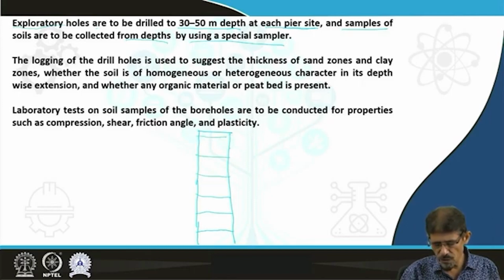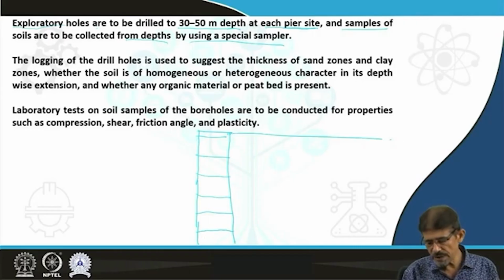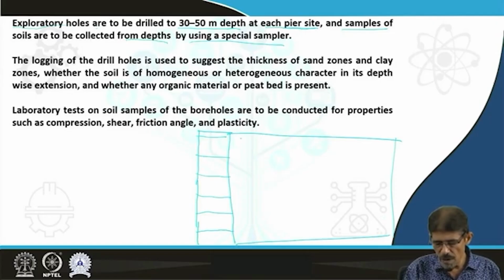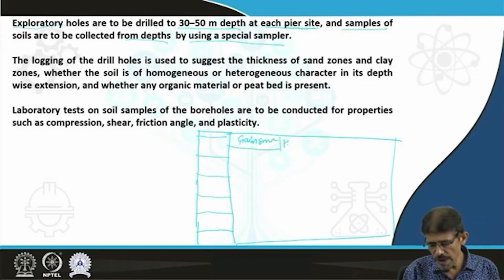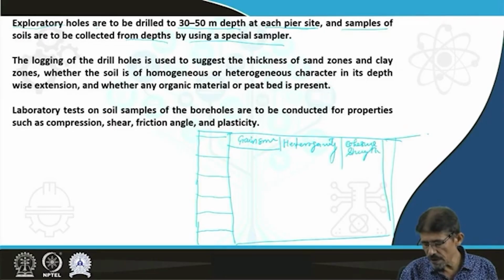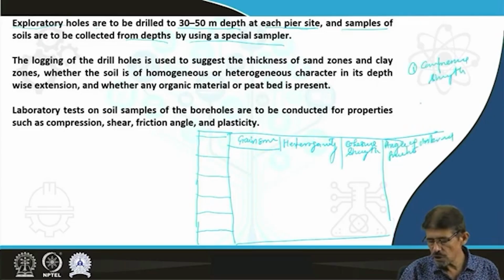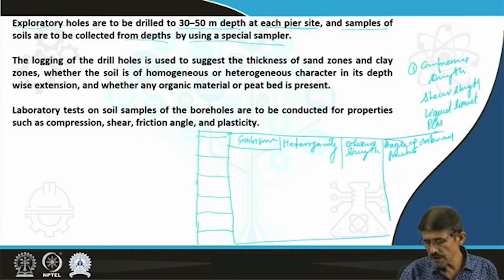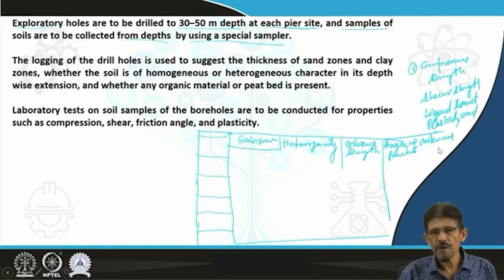then we develop a litholog with different details in summarized form, for soil, about grain size, heterogeneity, cohesive strength, angle of internal friction, compressive strength, shear strength, liquid limit, plasticity index, Atterberg limit, and so on.